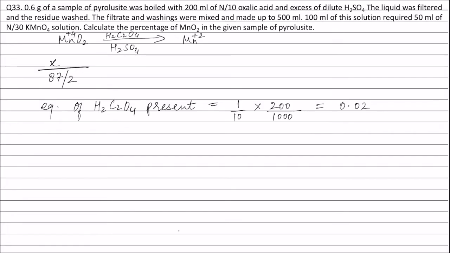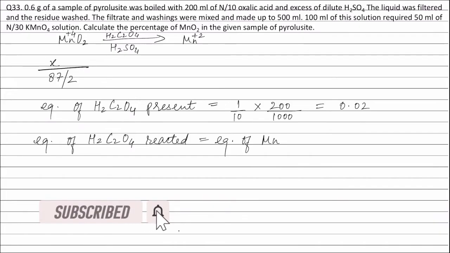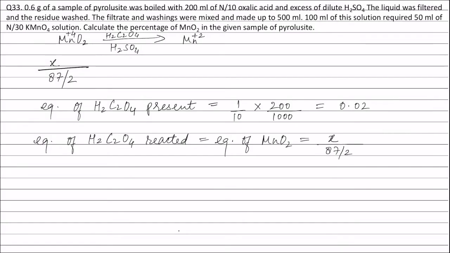Now, equivalence of oxalic acid that reacted with MnO2 is equal to equivalence of MnO2. Therefore, equivalence of oxalic acid reacted is equal to equivalence of MnO2, and this is equal to x divided by 87 by 2.